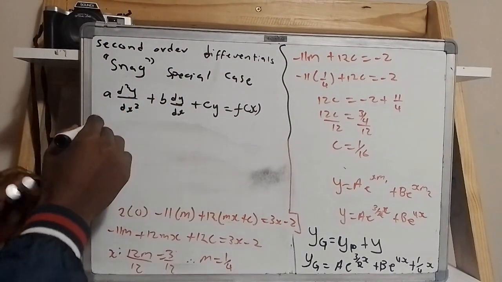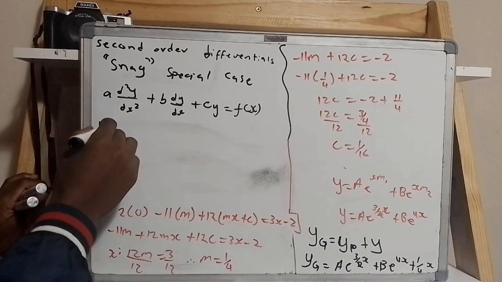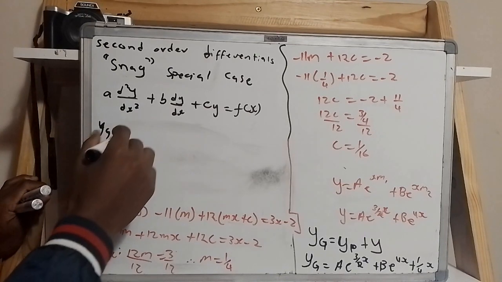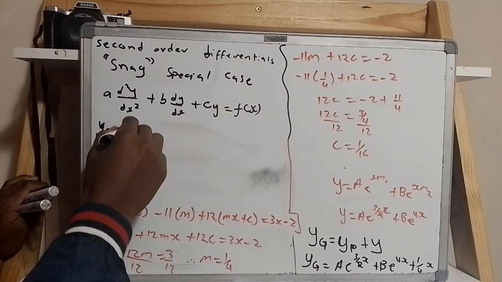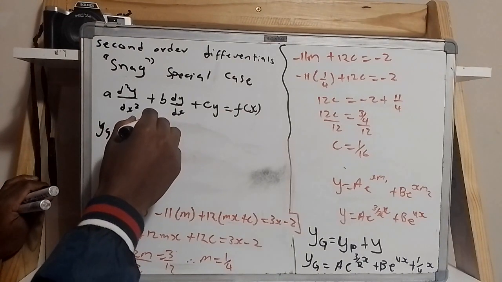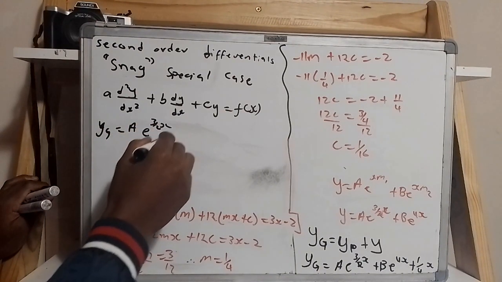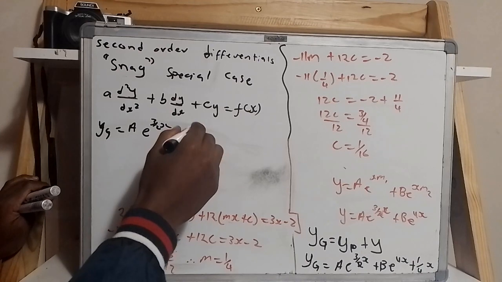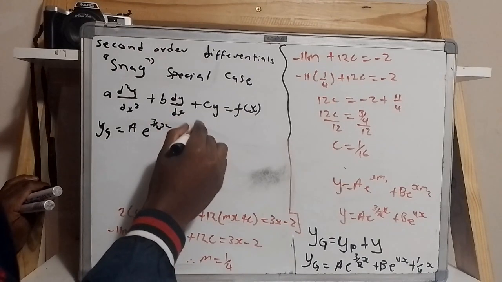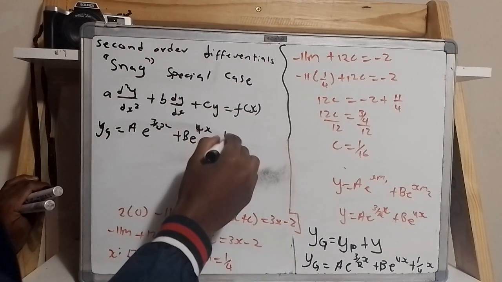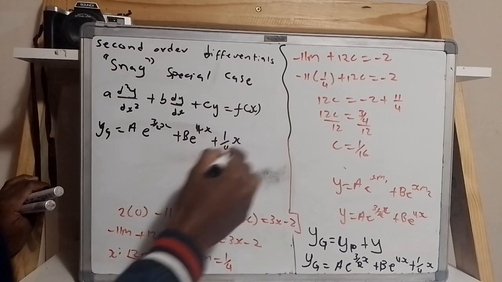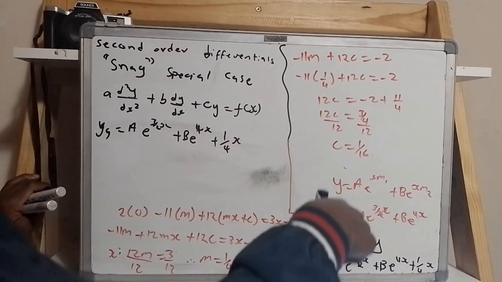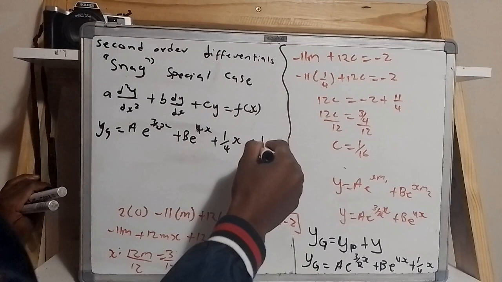This is yg, the general solution, equal to a e to the power 3 over 2 x plus b e to the power, not 3 but, 4x plus 1 over 4 x plus 1 over 16.